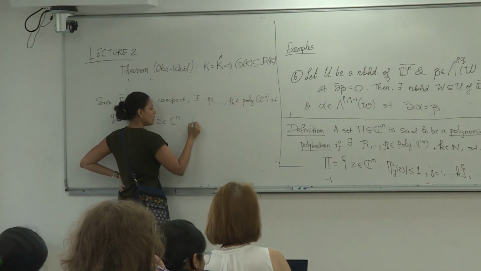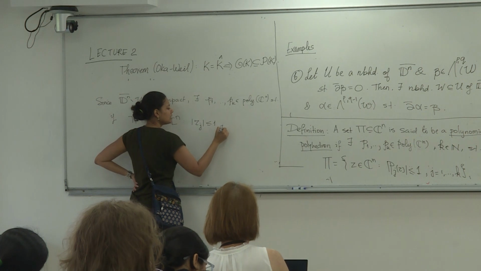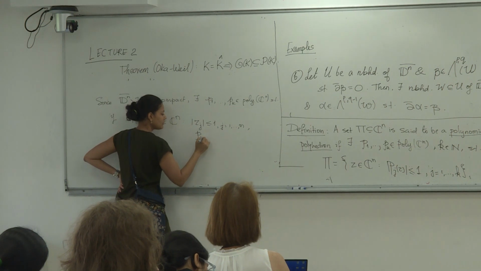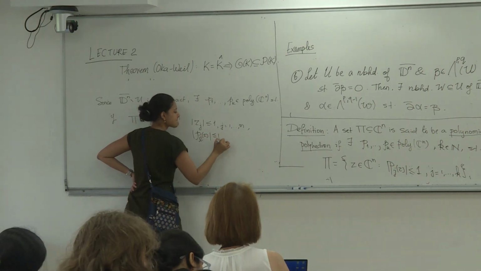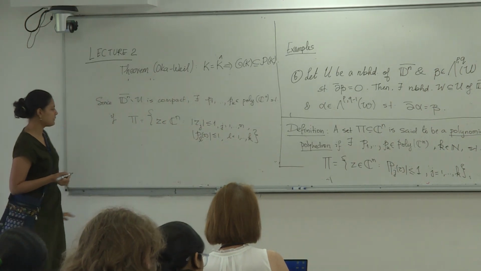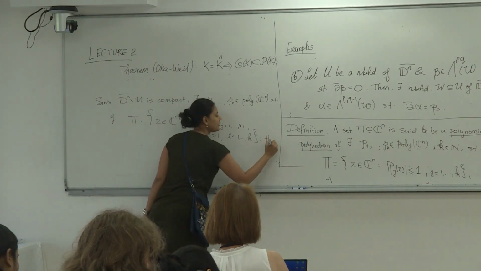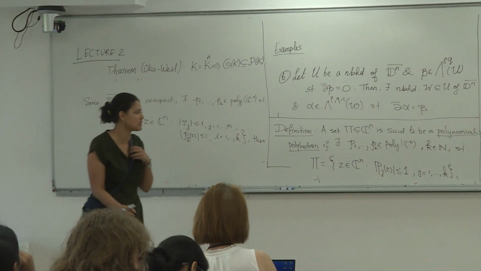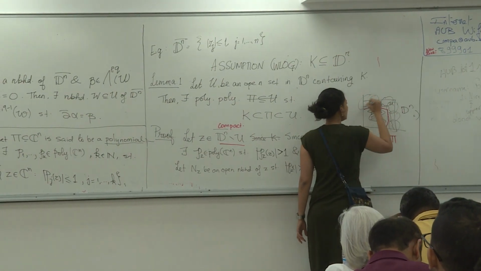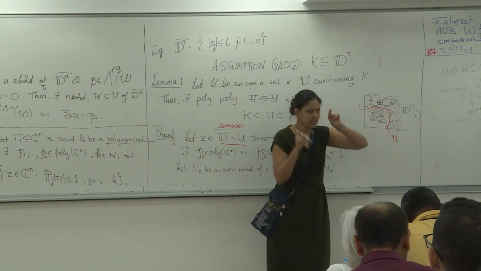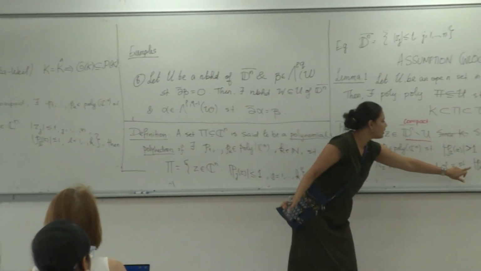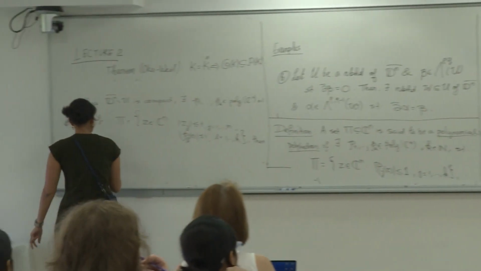I'll throw in some more, and I'll throw these in. Such that if I set Pi to be equal to this polynomial polyhedron, then a couple of things happen. So what did I do? I covered this region with finitely many balls, and on each of these balls at least one of these polynomials exceeds the value 1. Okay, so that tells me two things.